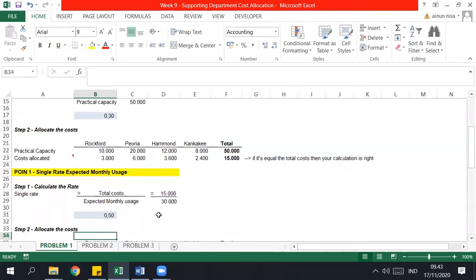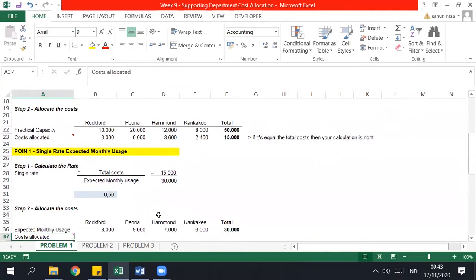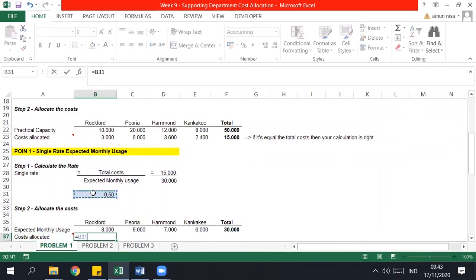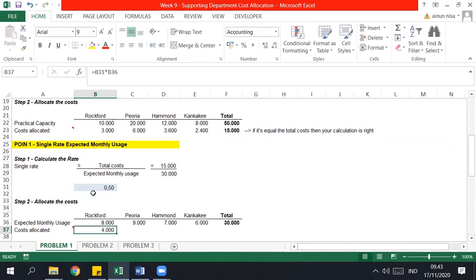After finding the single rate, the next step is to allocate the cost based on the expected monthly usage. So for example, for Rockford, it is 0.5 times 8,000, and for Peoria, it is 0.5 times 9,000, and so on and so forth.